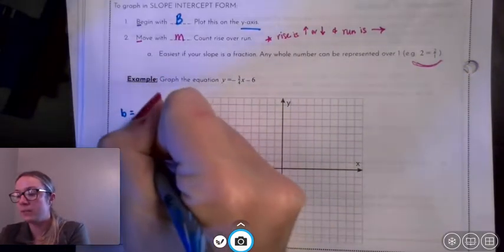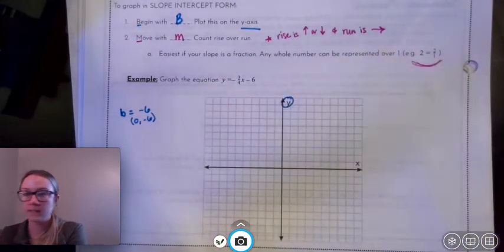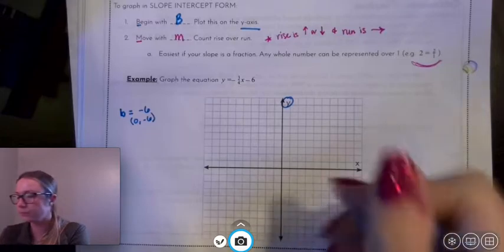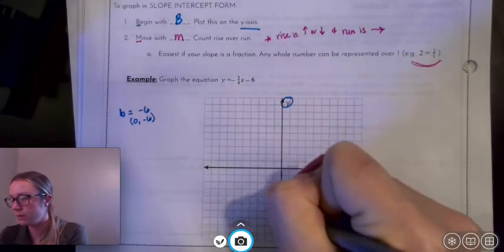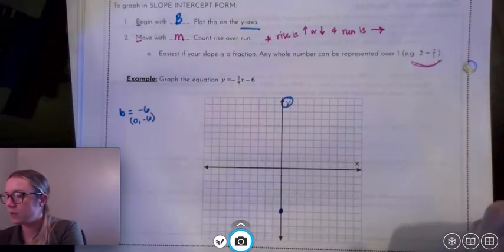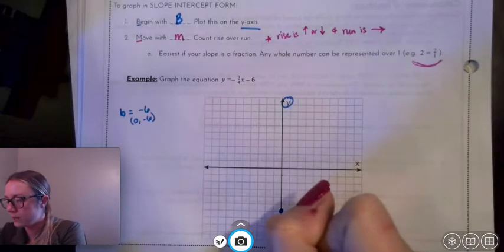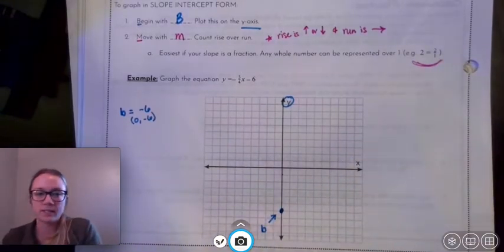If we wrote it as a point, it would be 0, -6. And so that goes on my y-axis, which is the vertical one. -6 is down here. 1, 2, 3, 4, 5, 6. So that is my b. And I'm going to make a note of that. So this is our b right there, which is -6.